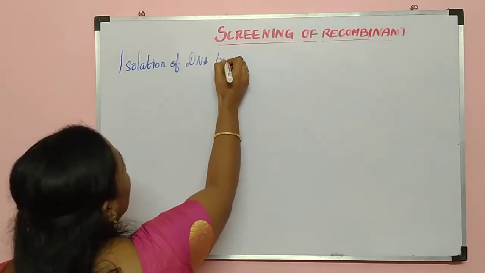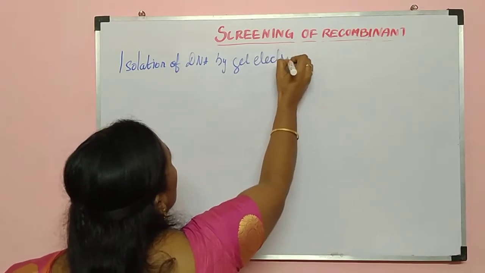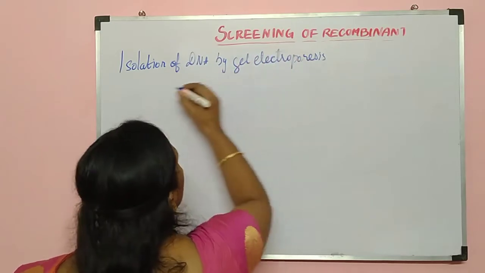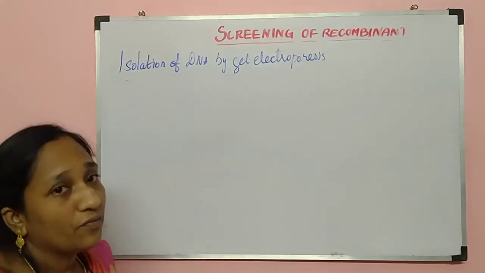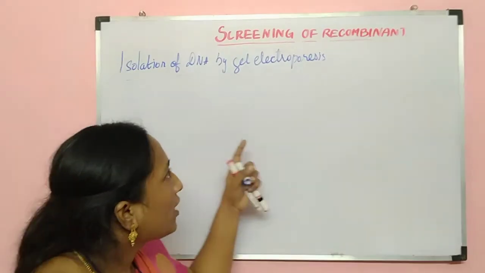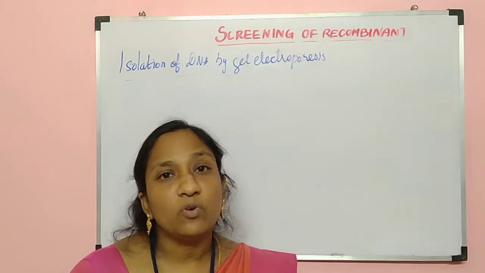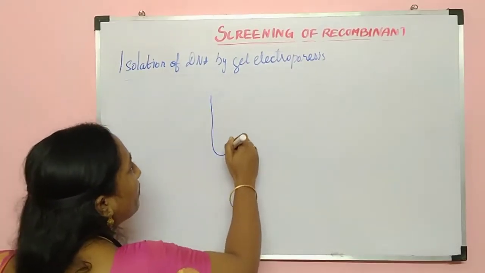This is the method by which we are going to isolate the DNA. For that we have certain steps. First we have to isolate the DNA. How can the DNA be isolated? It is there in our practical books.